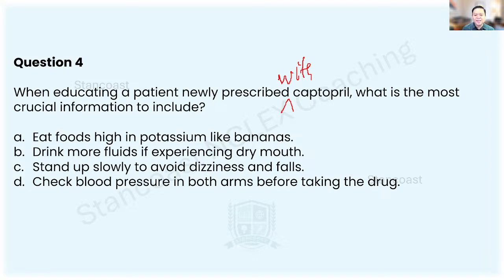Is it A, eat foods high in potassium like bananas, B, drink more fluids if experiencing dry mouth, C, stand up slowly to avoid dizziness, or D, check blood pressure in both arms before taking the drug? What is your answer here, guys?